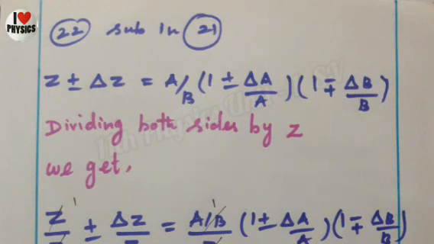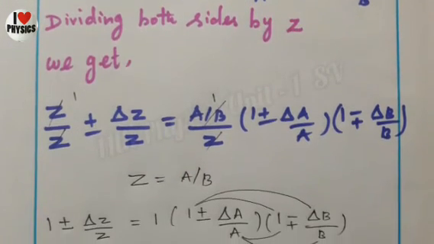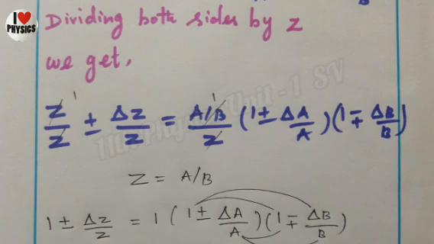That is Z plus or minus del Z equal to A divided by B, 1 plus or minus del A divided by A into 1 minus or plus del B divided by B. Dividing both sides by Z. So we get Z cancelled on the left side, and the second term is del Z divided by Z. On the right-hand side, A divided by B and divided by Z cancel, since we know that Z equals A divided by B. So we get 1 plus or minus del Z divided by Z equal to open bracket 1 plus or minus del A divided by A closed bracket into open bracket 1 minus or plus del B divided by B.